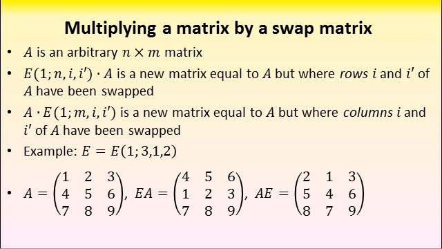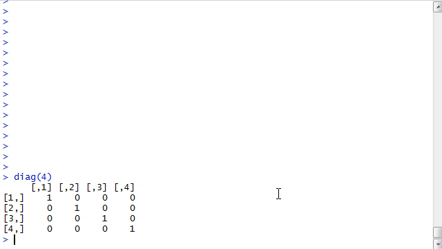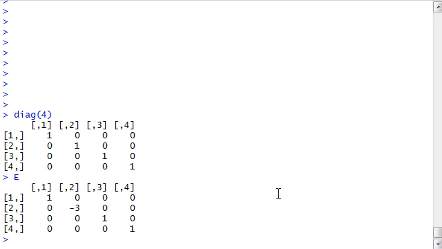The next elementary matrix is called the scale matrix. The scale matrix also starts with an arbitrary identity matrix. It then changes one of the diagonal elements into a number different from 0. So here's a scale matrix where we have taken the second diagonal element and changed that from a 1 to a -3.